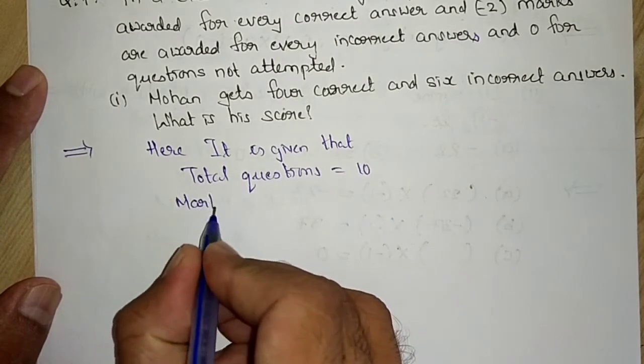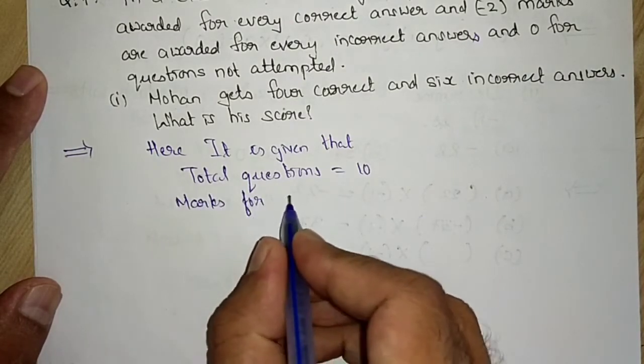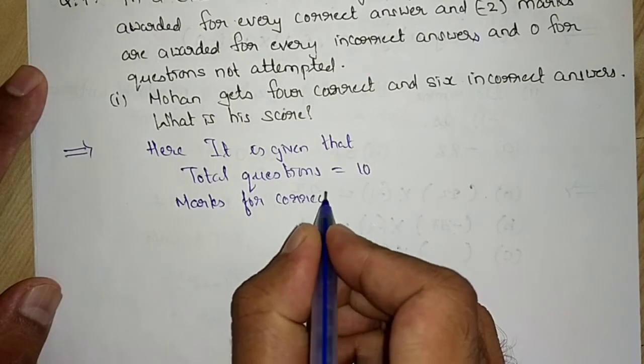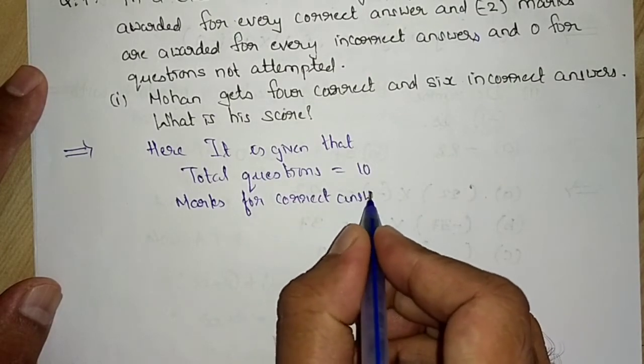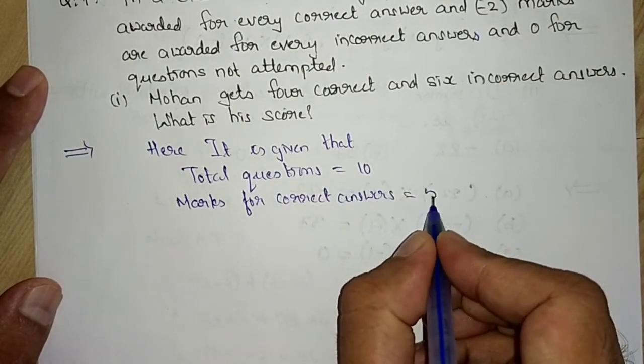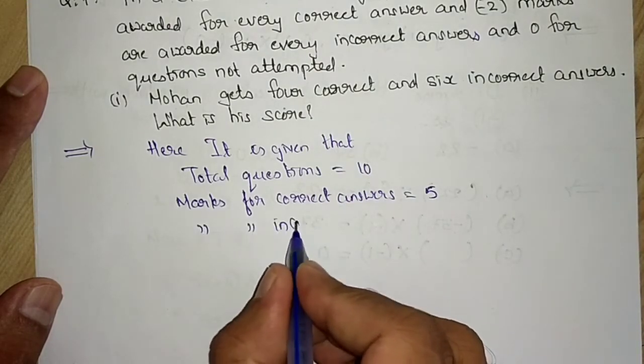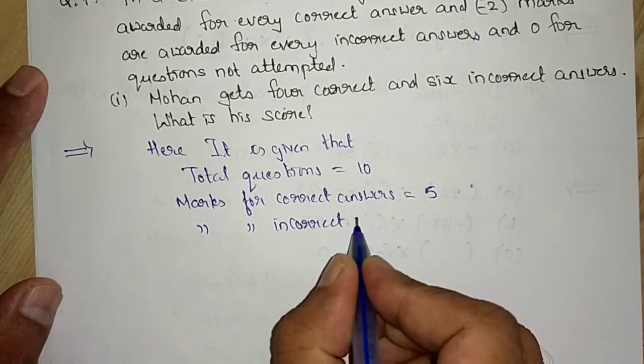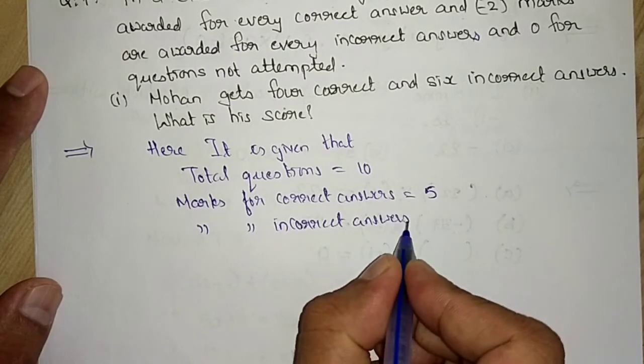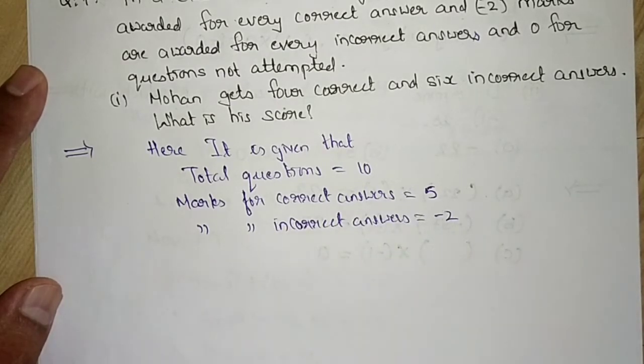Marks for correct answers is equal to 5. Marks for incorrect answers is equal to -2.